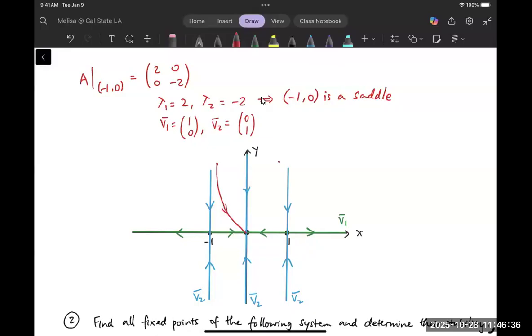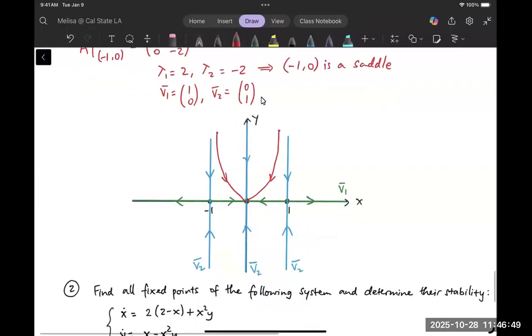Or if you start somewhere over here, then we're going down, following phi2, and then this green arrow is going to bring this trajectory towards the origin as well. Okay. So if you start down here, the flow is going like this. And if you start here, again, you're going to go towards the origin.